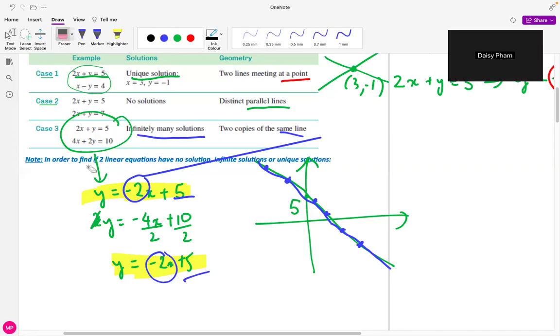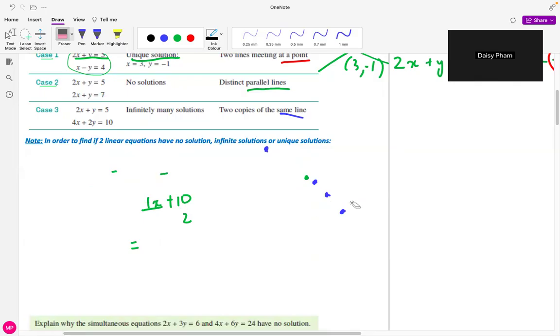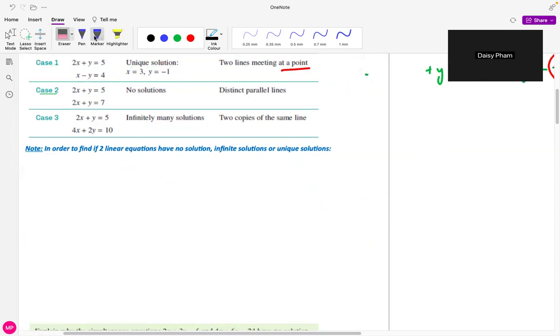Now we're going to make a summary of all these cases. The question is, how do we know if two lines have no solution, infinite solutions, or a unique solution?